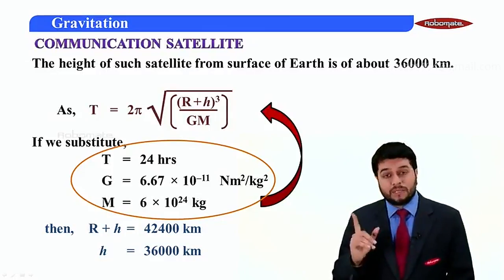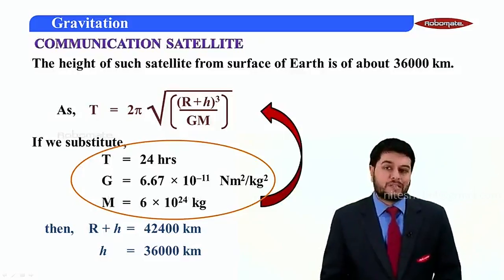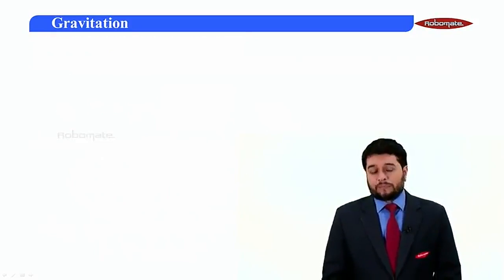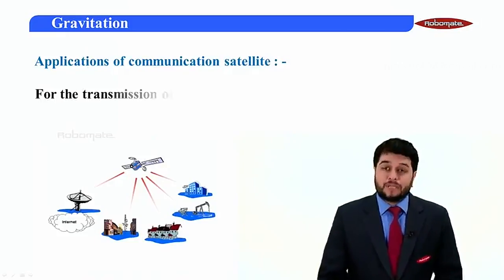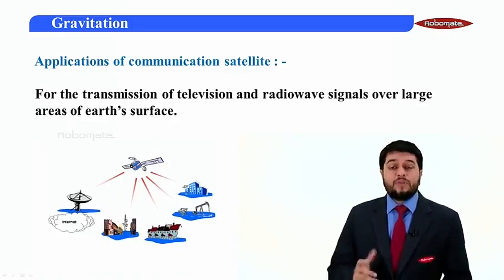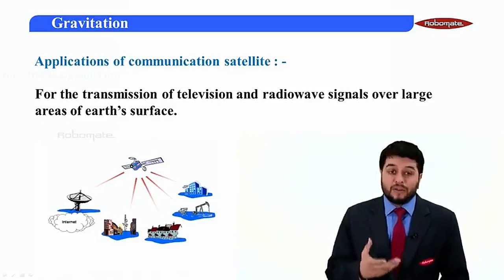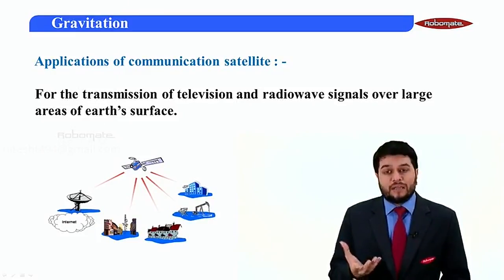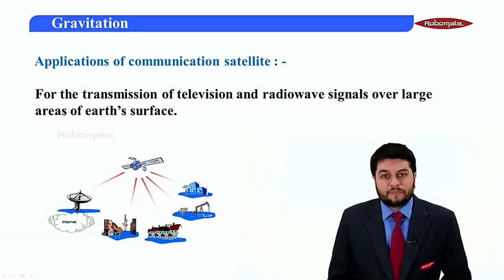So very clear, remember this, a very important value for calculations in application sums. Further, communication satellite has various applications, like it can be used for transmission of television signals and radio signals over a large fixed area above the Earth's surface.